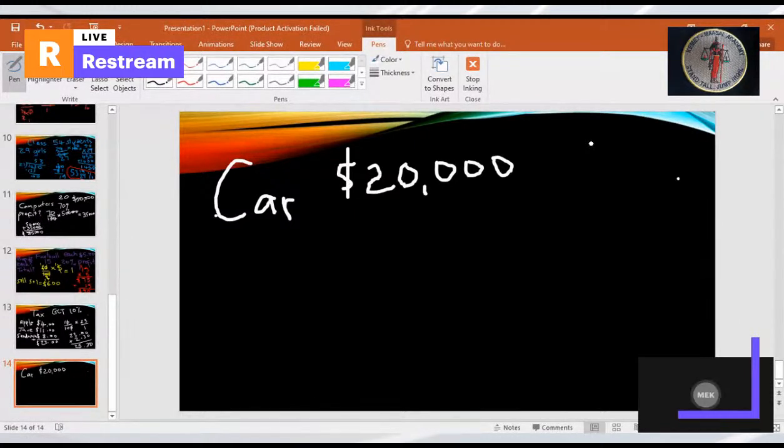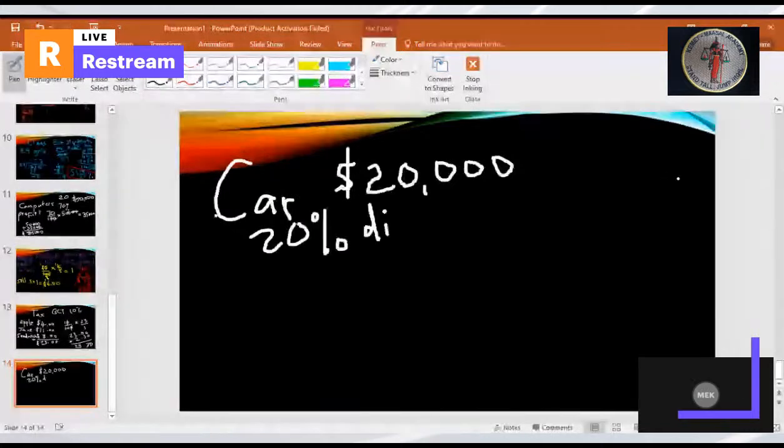If you buy the car cash, we're going to give you a discount of 20%. That's a discount, but he's saying, however, there's a catch.